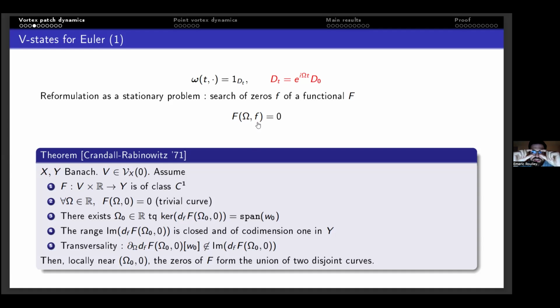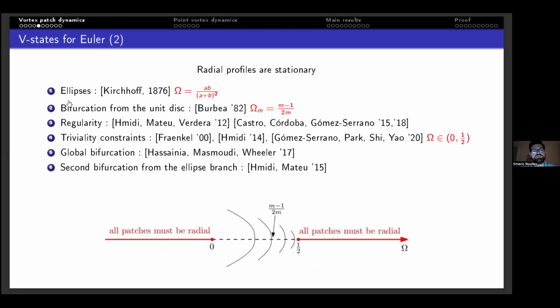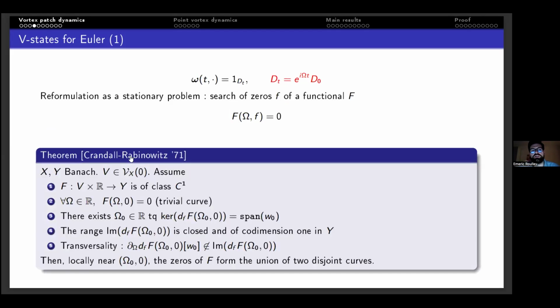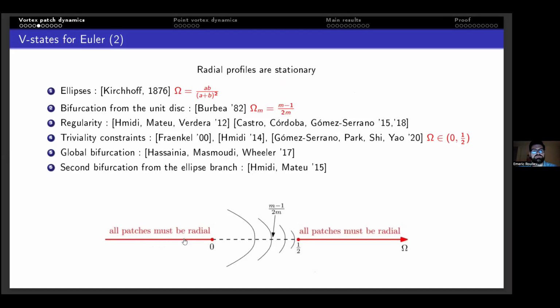So you can ask if you can find large amplitude solutions. And this you can get by the global bifurcation theory that I did not present here, but it's another theorem in this area of the so-called bifurcation theory. So you can check the hypothesis of a certain theorem, and you can actually have a prolongation of the curve here. So this is the work done by Hassainia, Masmoudi, and Wheeler.